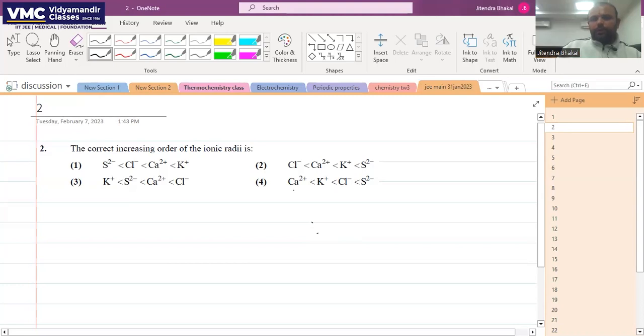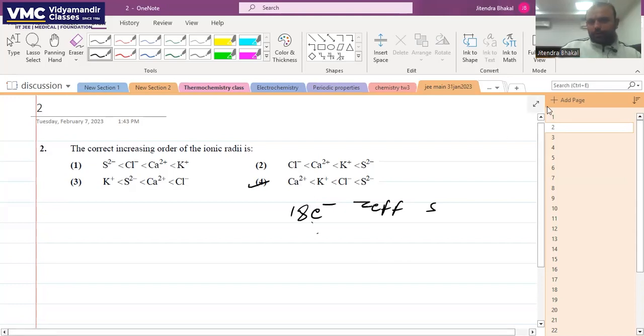So the effective nuclear charge of Ca plus 2 is maximum, and sulfur has the minimum number of protons. So Z effective is minimum for the sulfur ion. So S minus 2 has minimum Z effective. That is why the size of S minus 2 will be maximum, because the number of electrons is the same. In each, there are 18 electrons. So option 4 is correct.